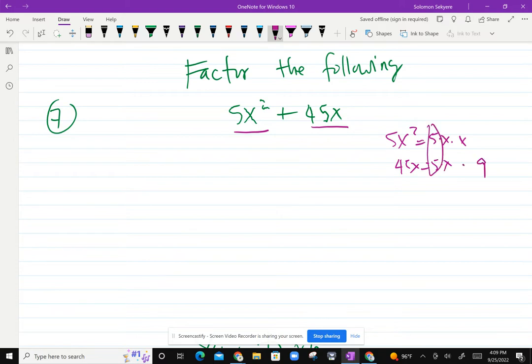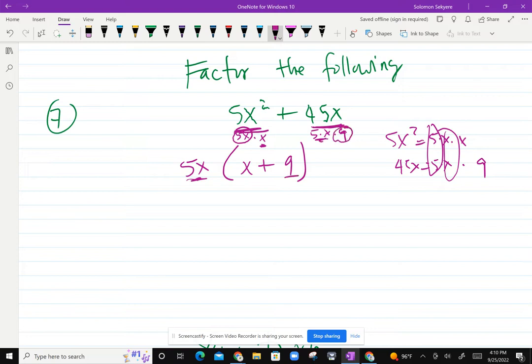We have 5 and then we have x. So we take 5x out. What do you get? x plus 9 is what's left. If we take 5x out of 5x squared, all we have left is x. And if we factor out 5x from 45x, all we have left is the 9.